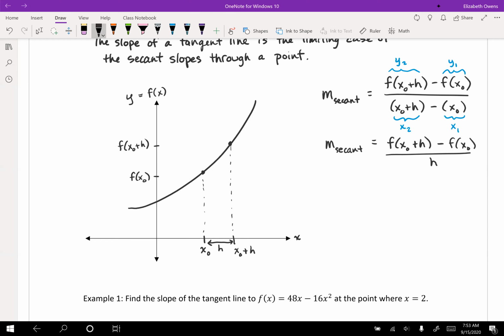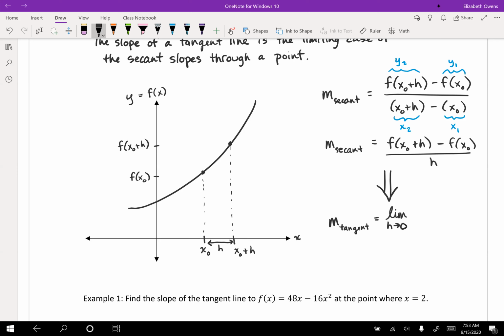And then, if you recall, how we would find the slope of a tangent line from that, we would put our values in here and we would do some calculations and simplifications, but the end step here was to let h approach 0. So to find the slope of a tangent line, all we were doing was letting h approach 0.